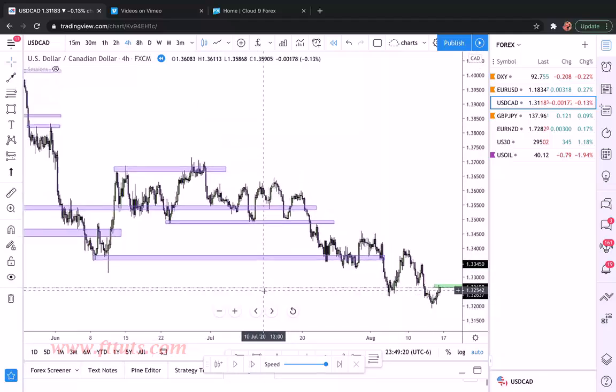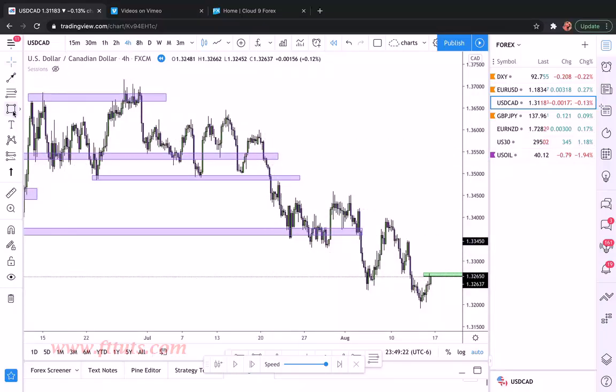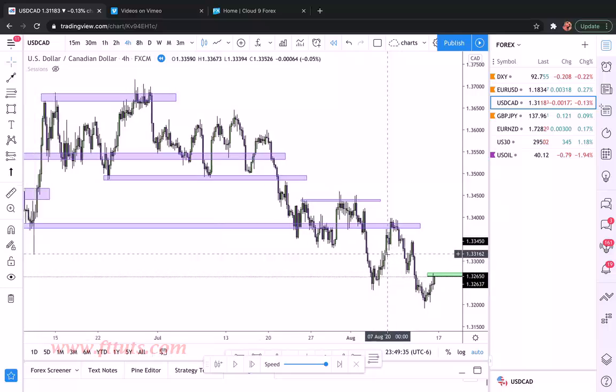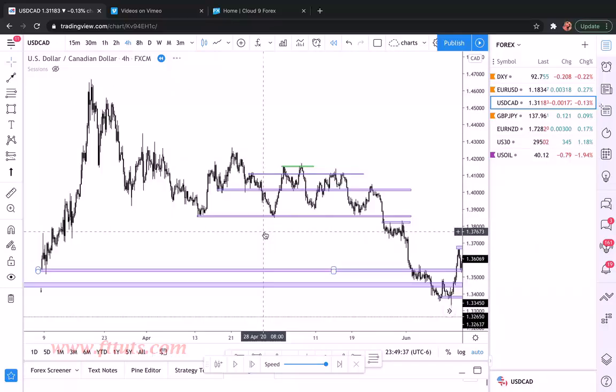Then what ends up happening is it tests structure again, comes up, tests 1, 2, 3, down, comes back up and tests, and down. It's just repeating itself every single time.